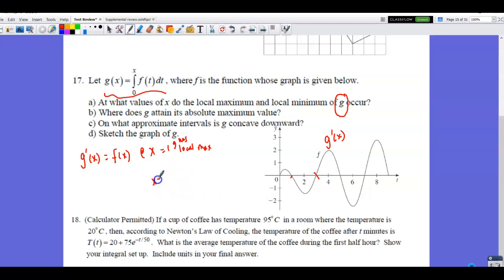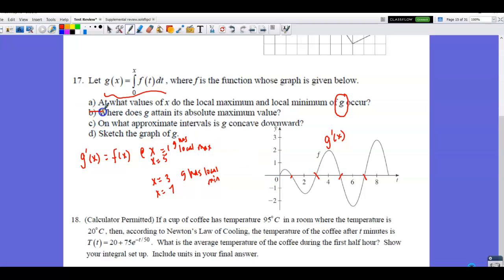So at x equal to 3, G has a local min, and at x equal to 5 is positive to negative, so that would be back to a local max. At x equal to 7 is change from negative to positive, so that would be back to a local minimum.